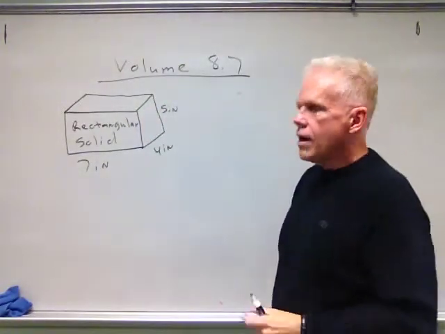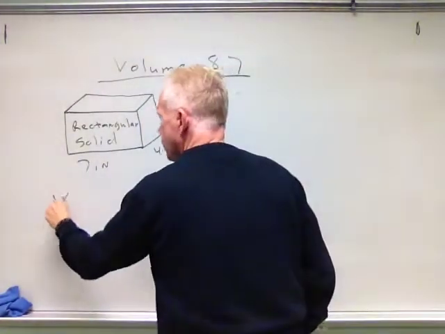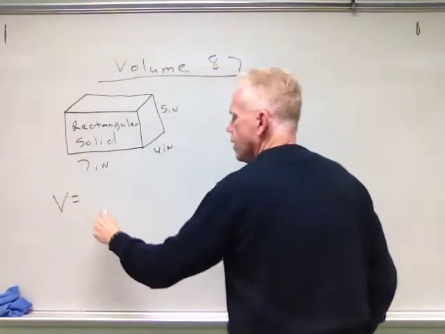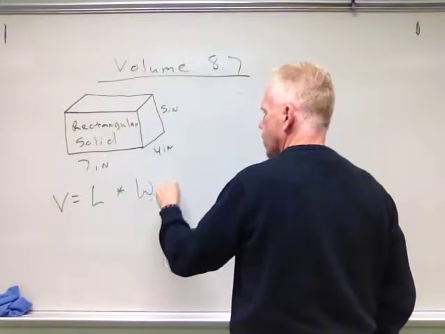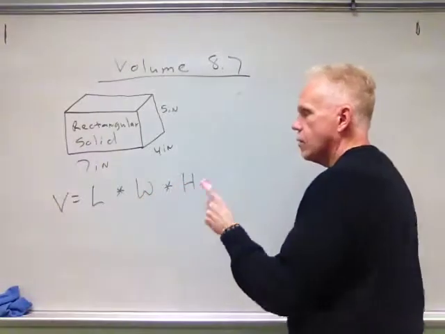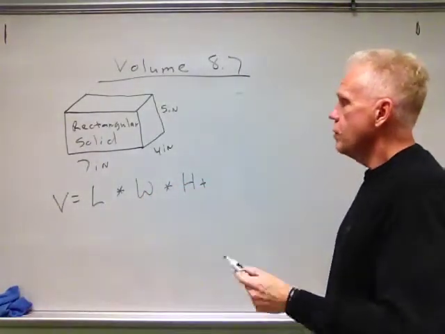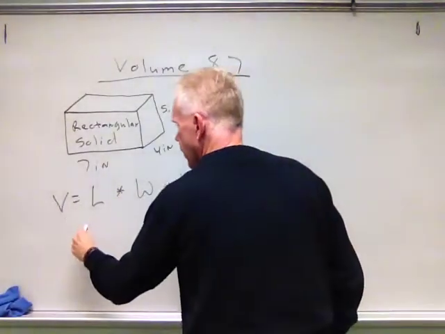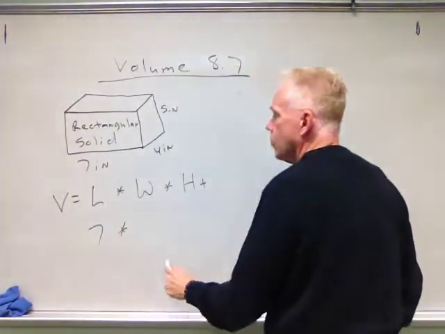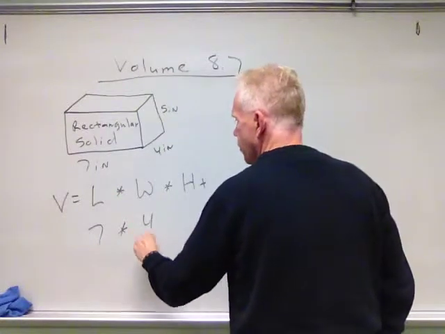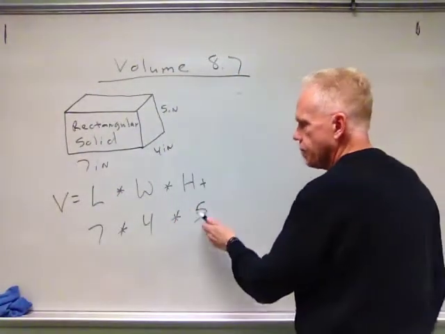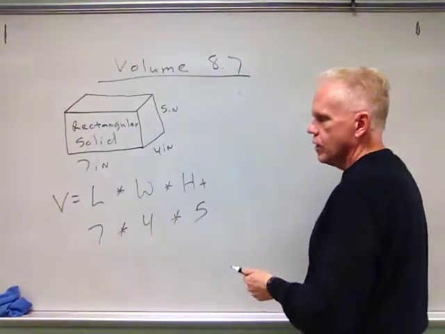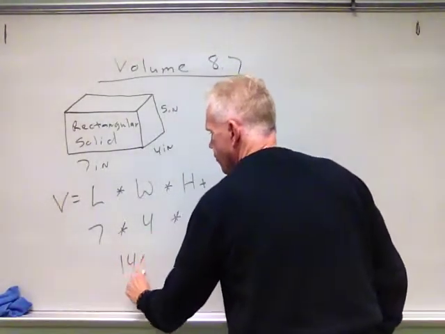And so what we have, the volume formula for this rectangular solid is its length times its width times its height. And in some cases it would be depth that we might be looking at. So if we call the length 7, we call the width 4, we call the height 5, what we'd be looking at, 5 times 4 is 20, 20 times 7 is 140.